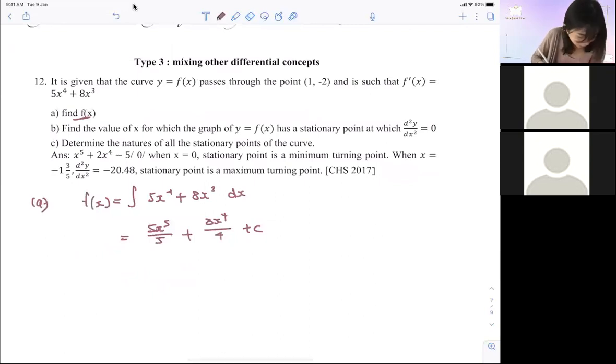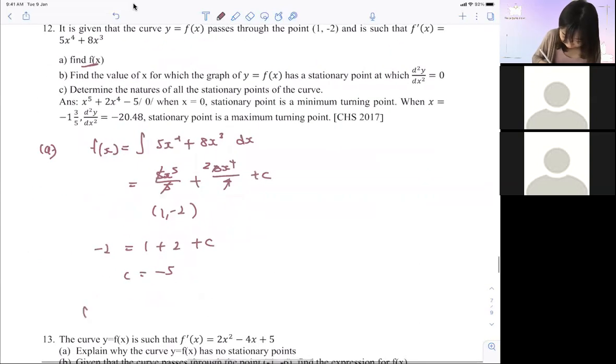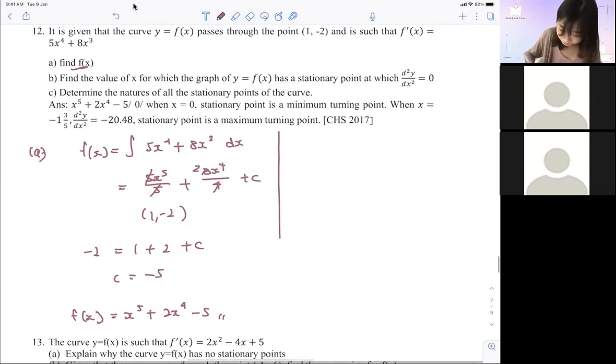Then we sub in 1 and minus 2. Cancel, cancel, cancel, become 2. You get 1 plus 2 plus c equals minus 5. So this is the answer for part 1.